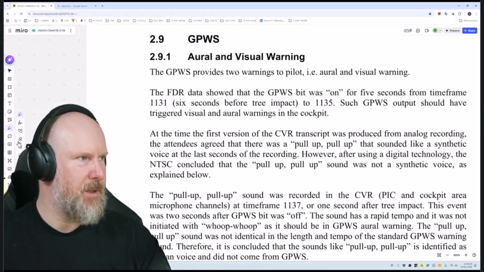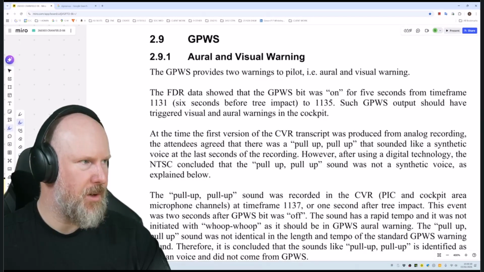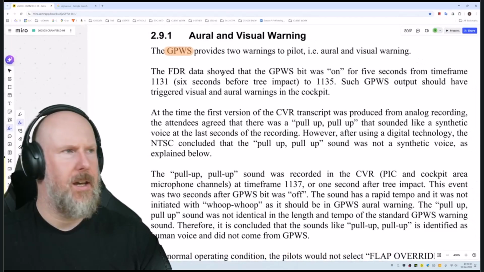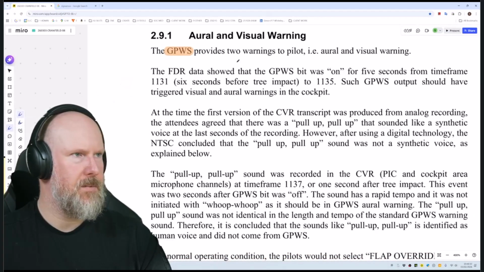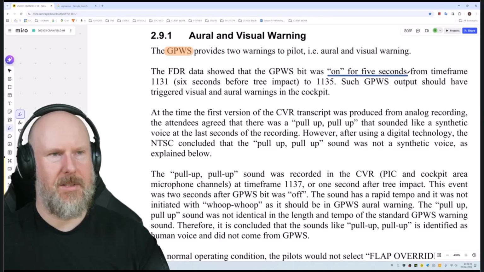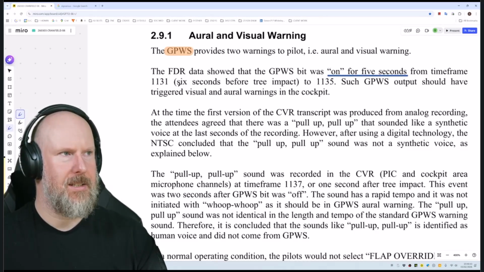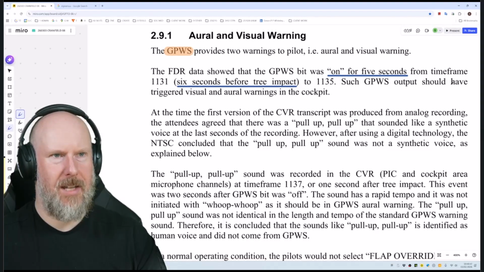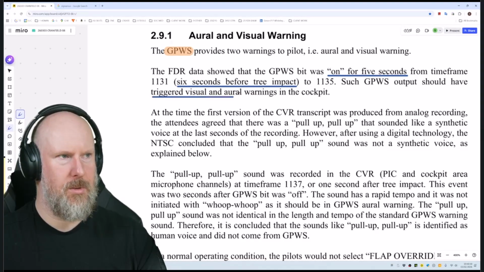I've stuck it in the control structure, so I'm going to give it the colour orange. The FDR data showed that the GPWS bit was on for 5 seconds, 6 seconds before tree impact. Such GPWS output should have triggered visual and oral warnings in the cockpit.